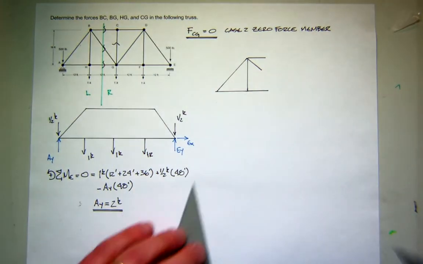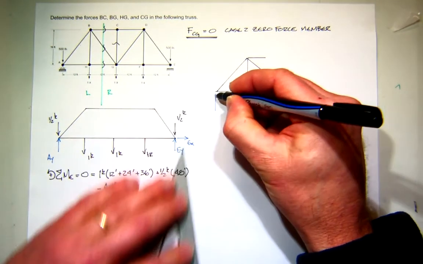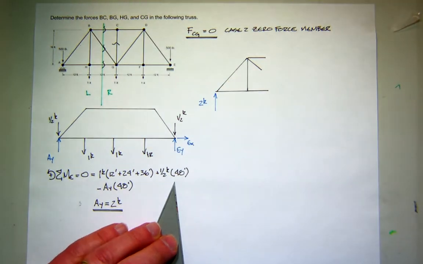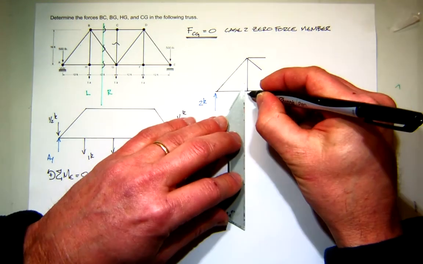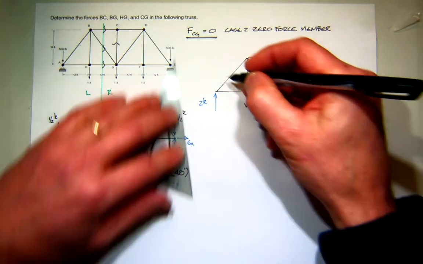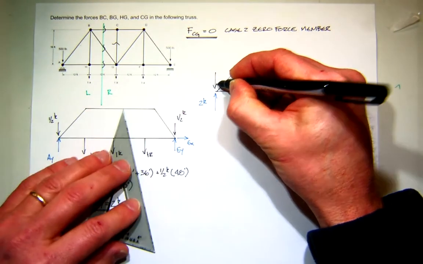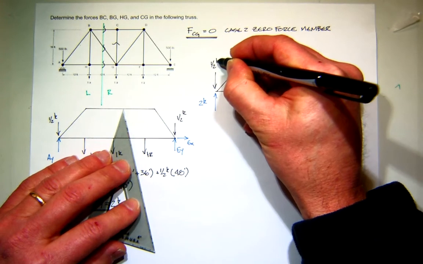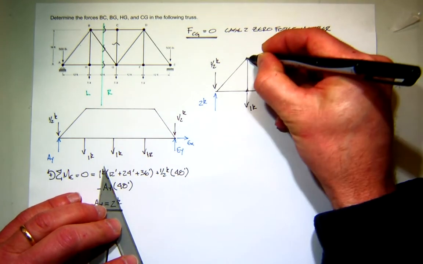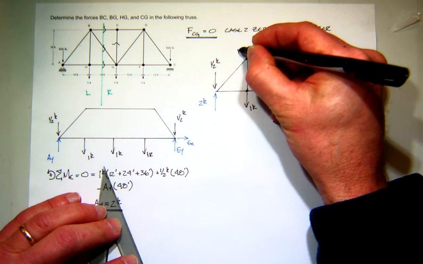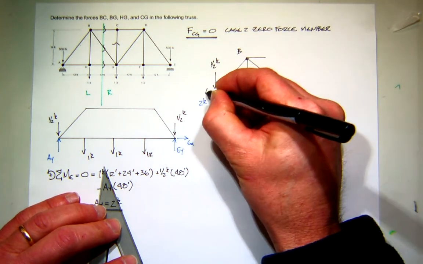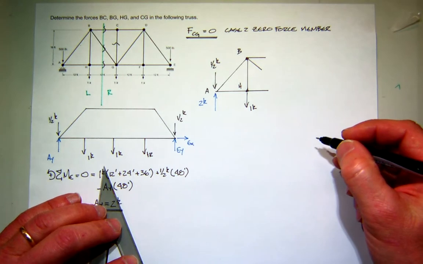I have my reaction at AY, which I just calculated, which was 2 kips. At H, I have a 1 kip force. I have this half kip force at A. Just to give you some location, I'll go ahead and write in the node labels.